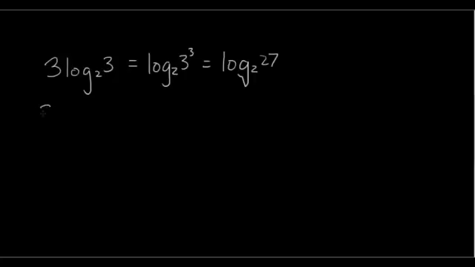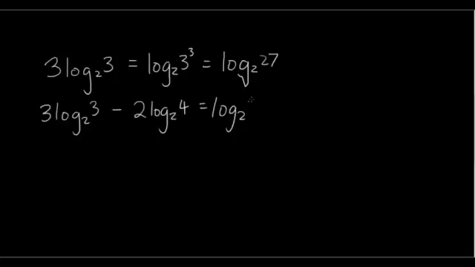Okay, so if we had something like 3 log base 2 of 3 minus 2 log base 2 of 4, so that becomes log base 2 of 27 minus log base 2 of 4 to the power of 2, which is 16. And that becomes log base 2 of 27 over 16.